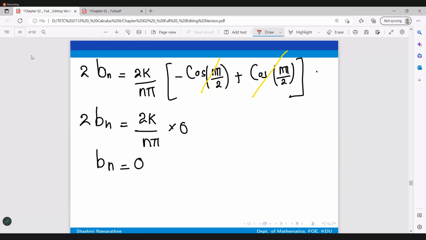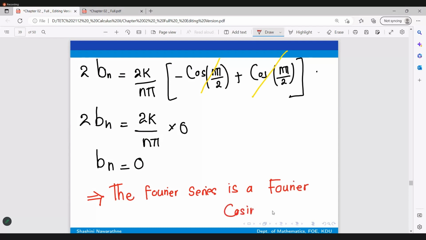Since this coefficient bn is equal to 0, we can conclude that this Fourier series is a Fourier cosine series because there are no sine terms.